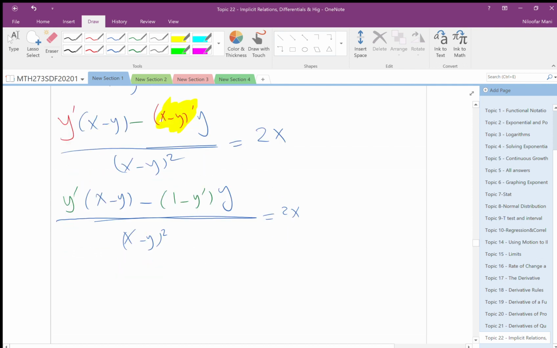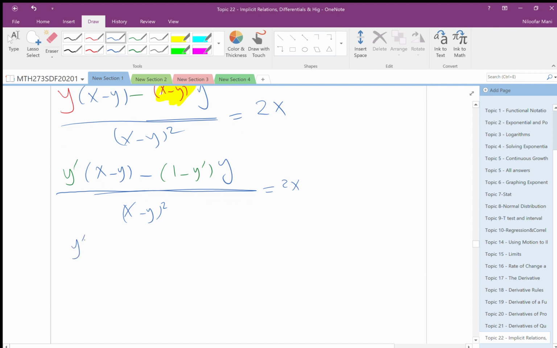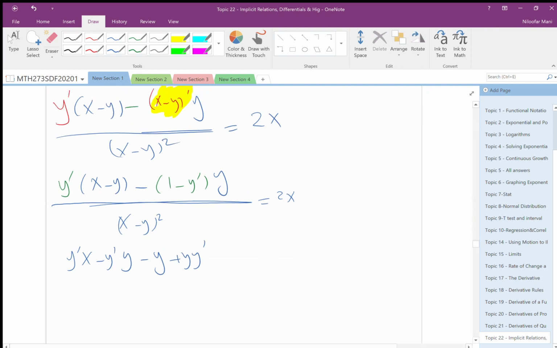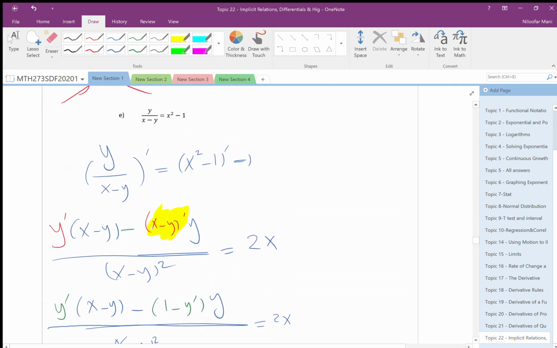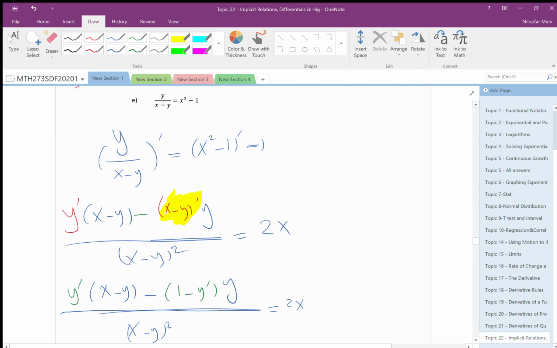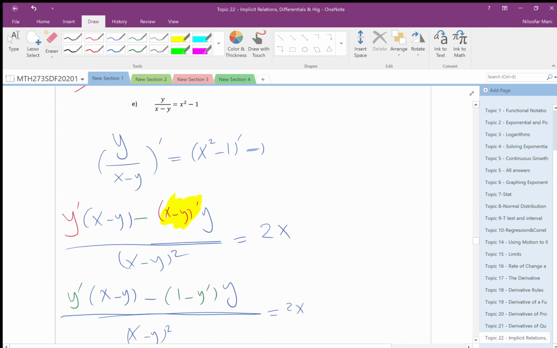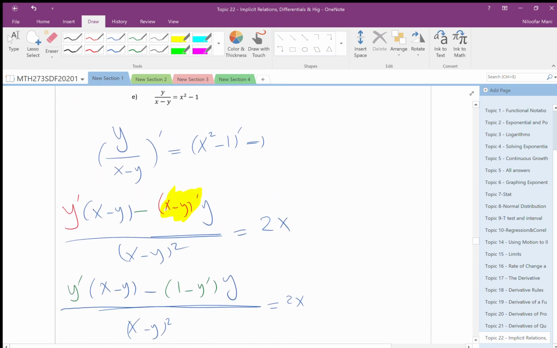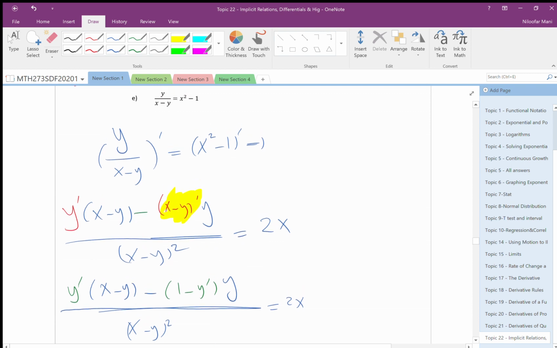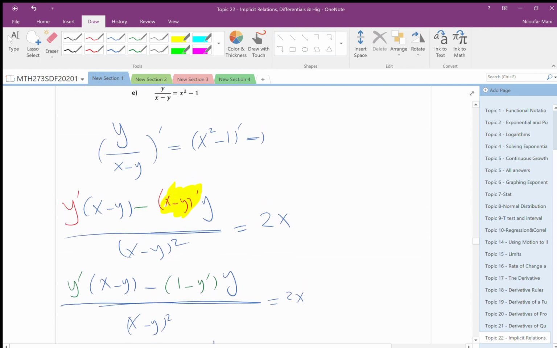Okay, now I simplify. So I have y prime x minus y prime y minus y plus y prime y, y prime. So maybe I did a mistake somewhere, because I have to see what's my mistake here. Okay, derivative of top y prime divided by bottom, no change. Derivative of bottom times top, no change, and so derivative of the other side.